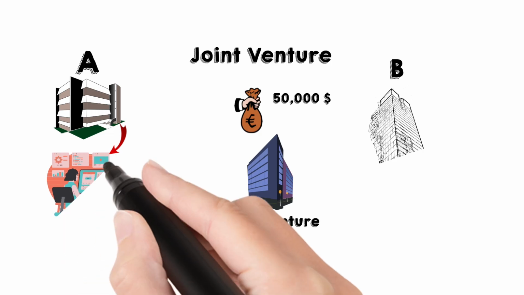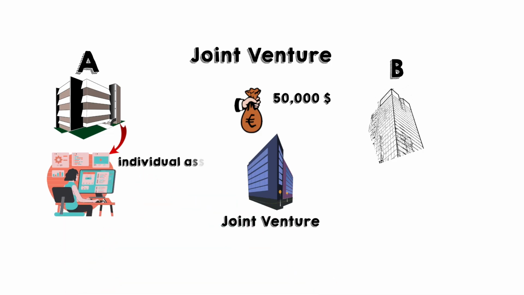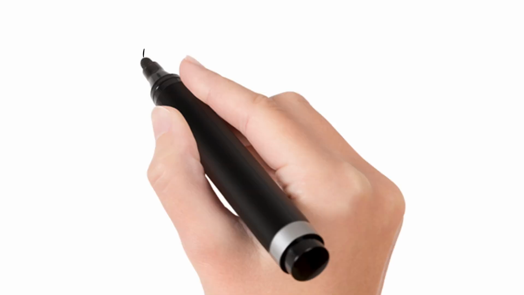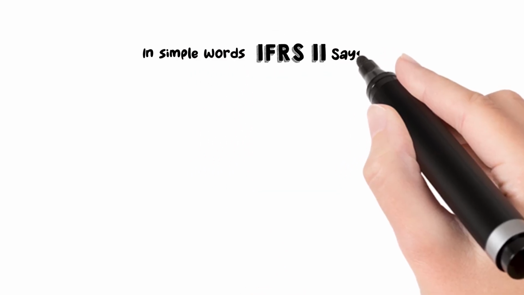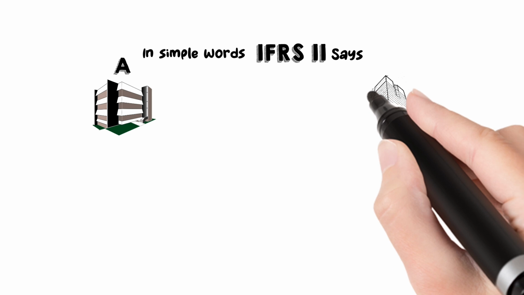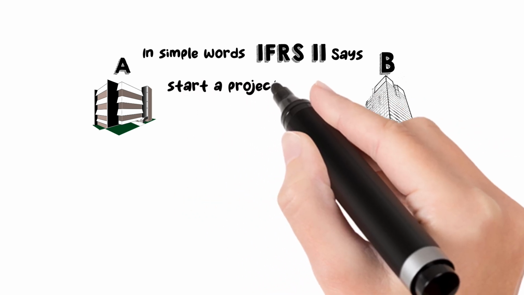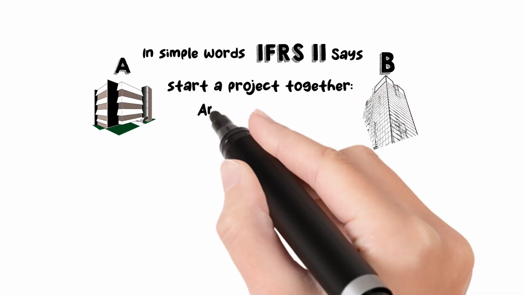A does not record individual assets. It shows investment in joint venture equals $50,000.